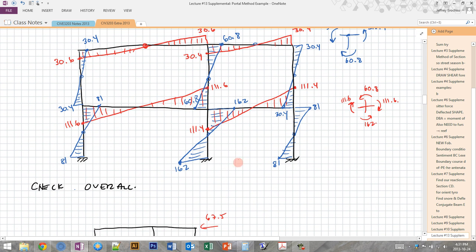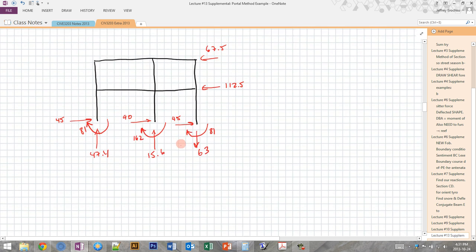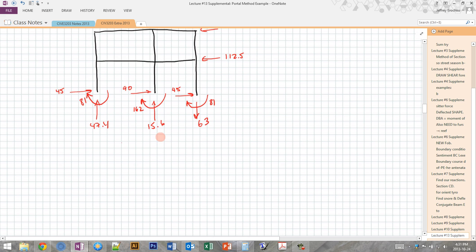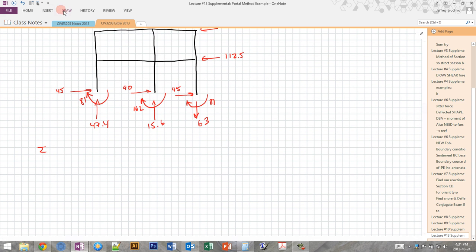So right, the arrows go from tension side to compression side. We've drawn the moments on the compression side. So now I can check, does our sum of the moments equal 0? Okay, and I'll do moments about A. So if you recall, this is A, this is B, this is C, for example.